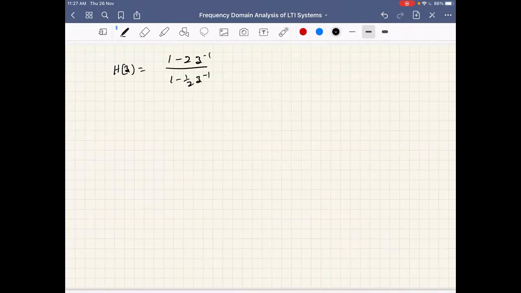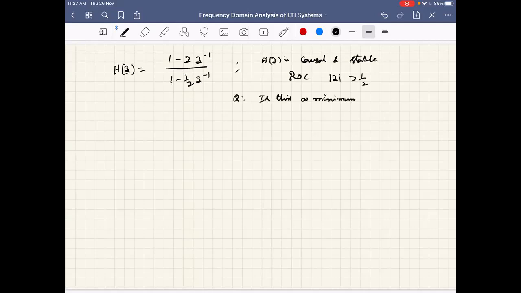Say even if I say that h of z is causal and stable, that means the ROC for this system h of z is mod z greater than half. The question is, is this a minimum phase system? The answer is no.